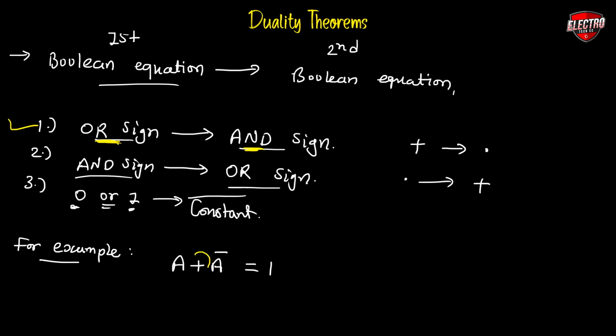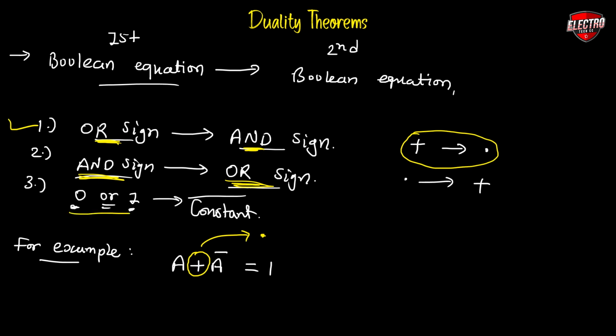That means if we have one or sign, that is addition, then convert it into a dot sign. Okay, so first we will convert this plus sign with dot. Second thing, that is if you have an and sign, then convert it into an or sign, but we don't have any and sign in the equation.